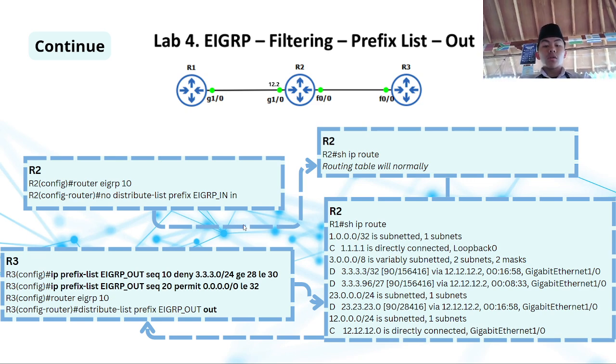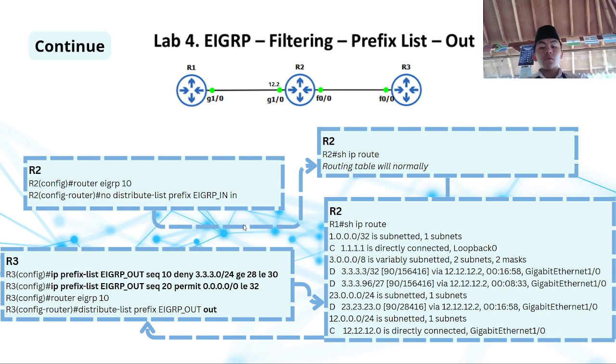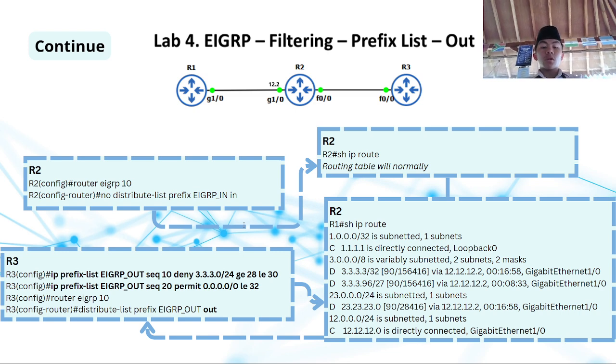The third line applies this rule to EIGRP, specifically outbound from R3. So the result is R3 will not advertise those subnets from the 33.3.3.0/24 prefix range. And step 3 is the effect on the routing table.